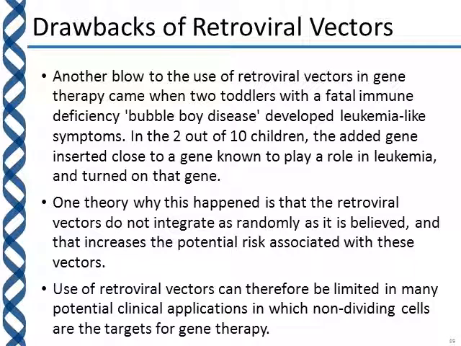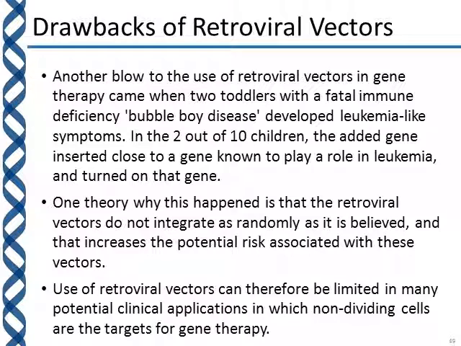Another blow to the use of retroviral vectors in gene therapy came when two toddlers with fatal immune deficiency, the bubble boy disease, developed leukemia-like symptoms. In 2 out of the 10 children, the added gene inserted close to a gene known to play a role in leukemia and turned on that gene.